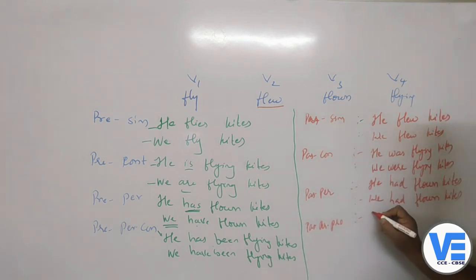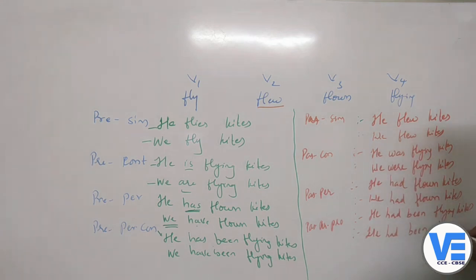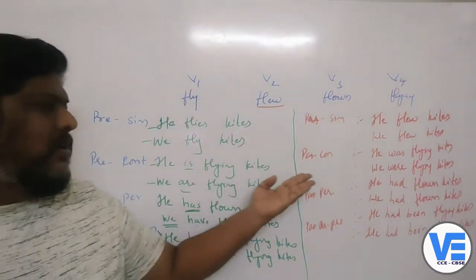So we write here, he had been flying kites. We had been flying kites. So this is how you can write the present tense as well as the past tense.